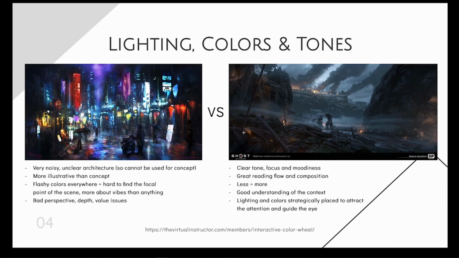Here are some examples of what is good and what is bad. This very bad night street thing is something I did as a student, and it does not work as a concept because the values, lights, and all are all over the place. You can't understand what's going on. Super noisy, unclear architecture.